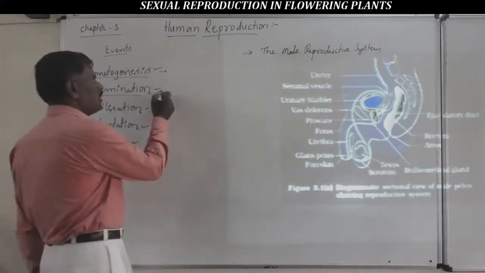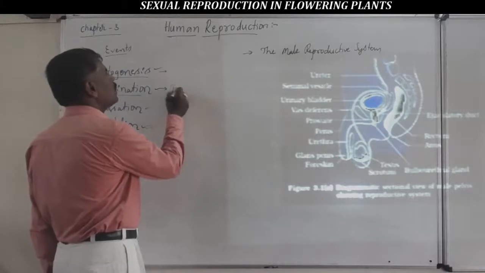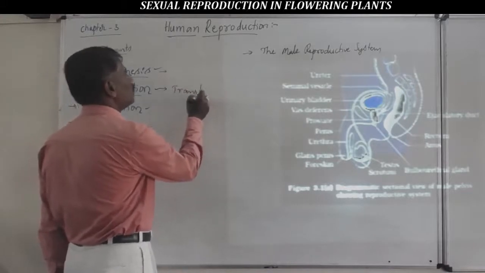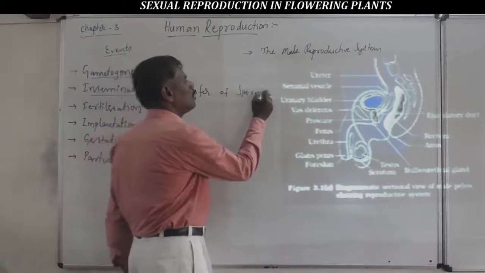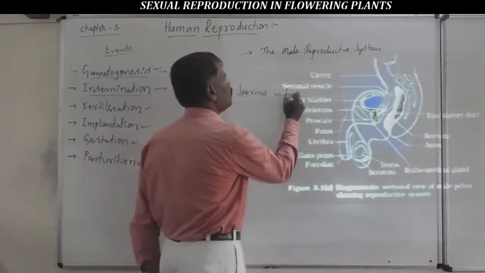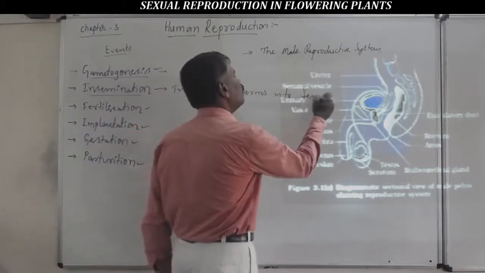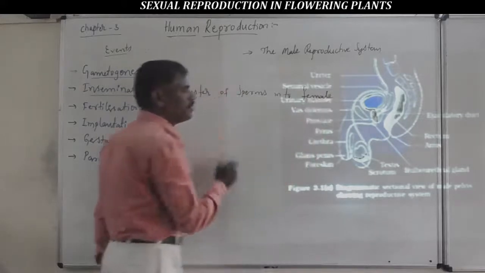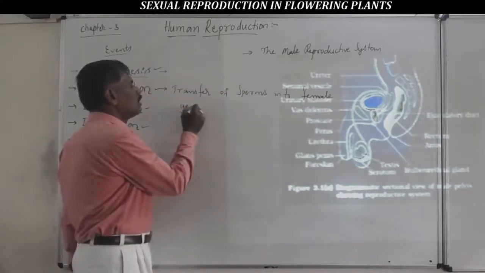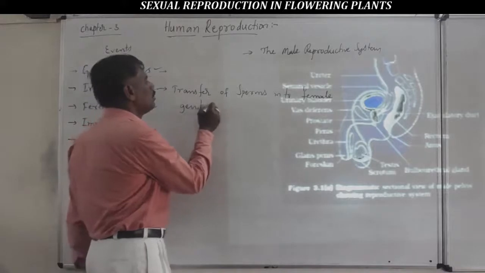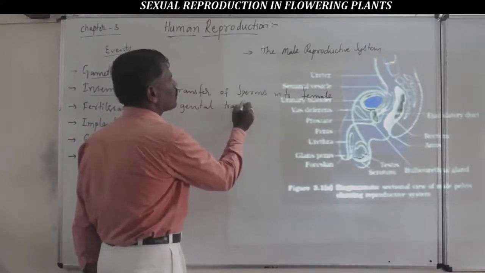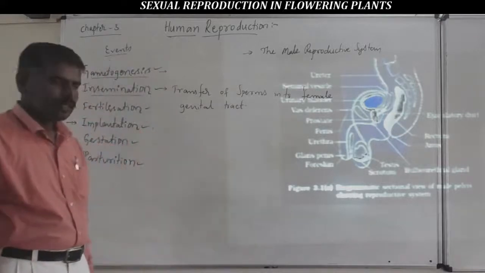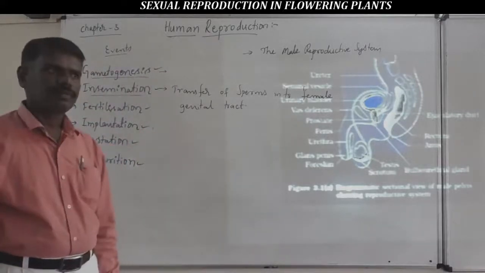The second one is insemination. Insemination is nothing but the transfer of sperms into the female genital tract, or female reproductive system, or into the uterus.